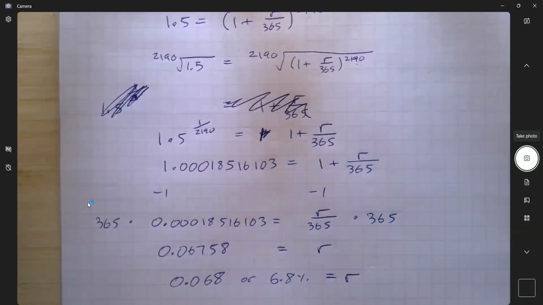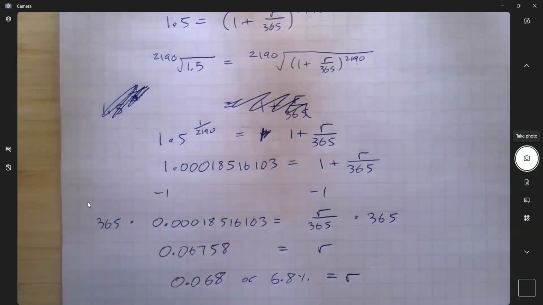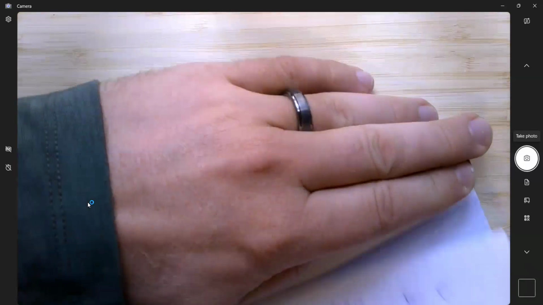And that's how you solve for the interest rate that you need. So even though the idea of this question involves exponential equations, the actual solution doesn't. So let's solve for one that does involve solving an exponential equation.